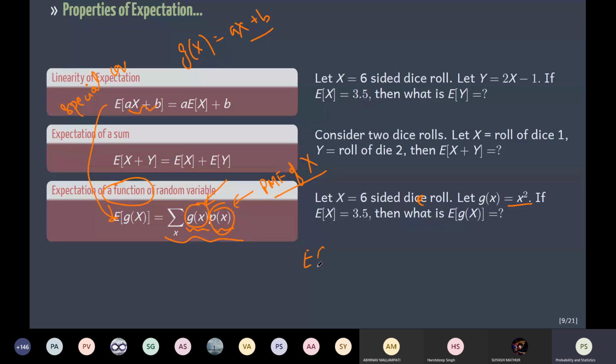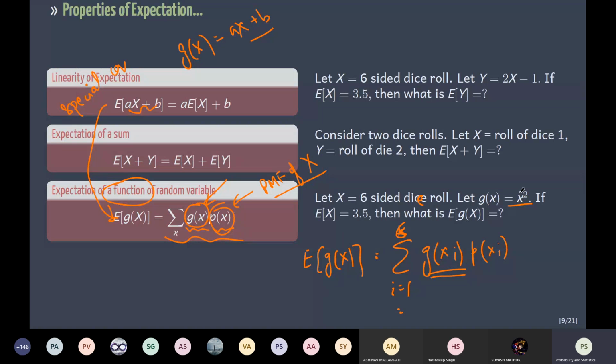To compute this, we will invoke this formula. It will be the sum over i equal 1 to 6, since there are 6 outcomes, of g of xi times p of xi. As I said, this g is the function evaluation.